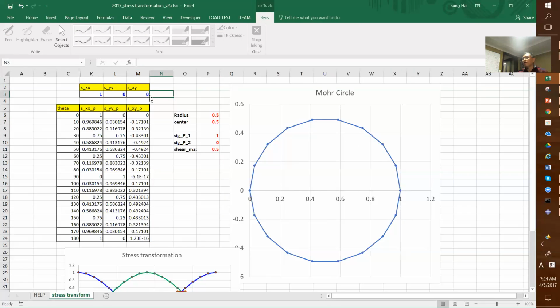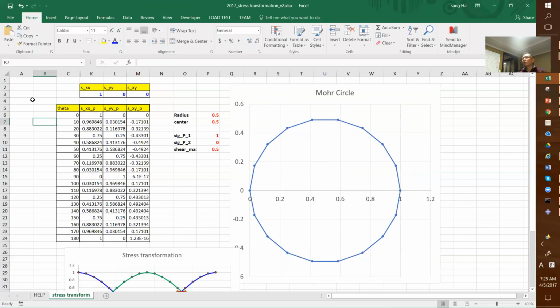Again, you can enter any value, and you can notice the Mohr circle is directly obtained from plotting this and that. And you can see what will be the maximum shear stress and what will be the principal stress. And you can observe many things from this Excel plot. So very useful tools. So I will save it, and you can download it.